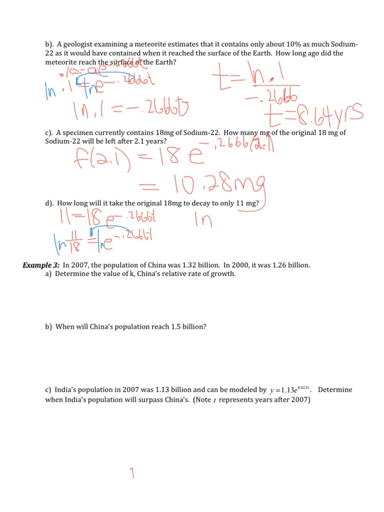And so natural log of 11 over 18 is equal to negative 0.2666t, and the natural log of 11 over 18 divided by negative 0.2666 equals t. My calculator ready form comes out to be 1.85 years.